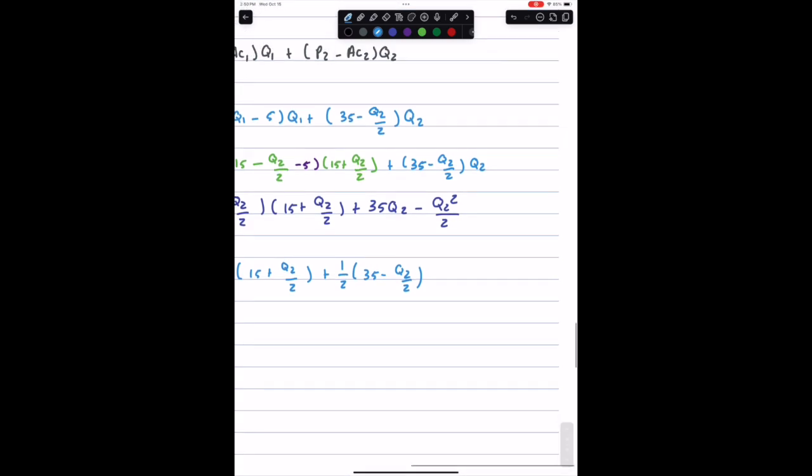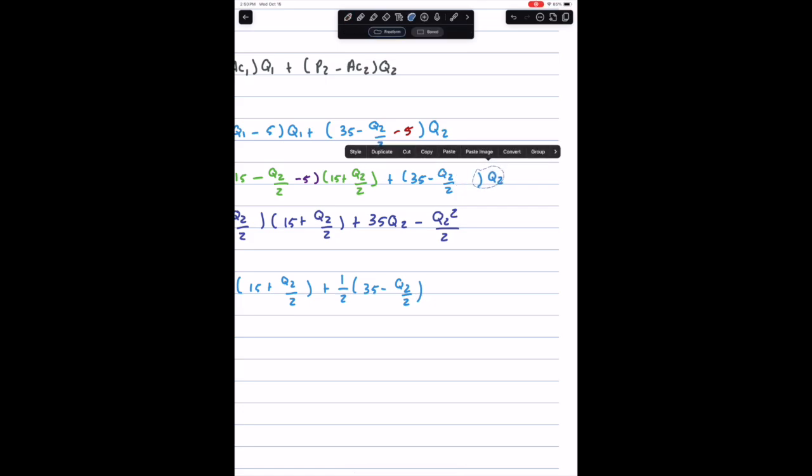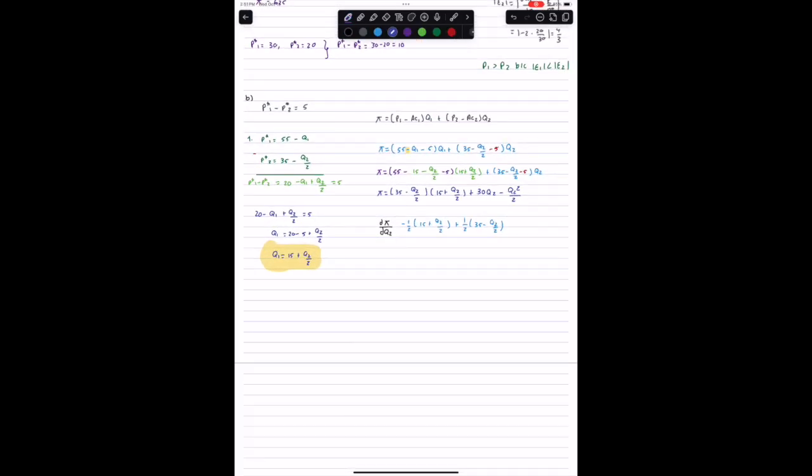Sorry, I made one more mistake. I'm going to do this in red because it's a mistake. I forgot to minus the average cost in this function, which is 5. So this is going to be minus 5, and this is going to be 30 instead of 35, right?